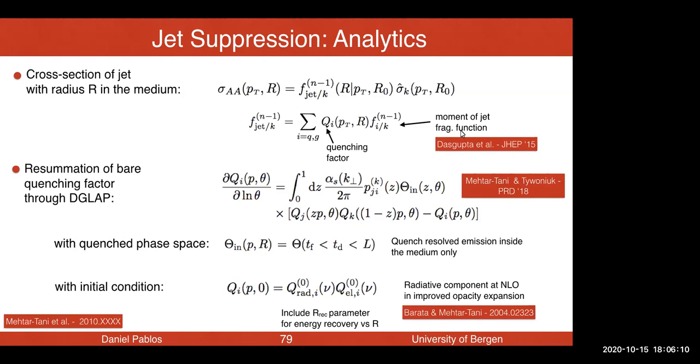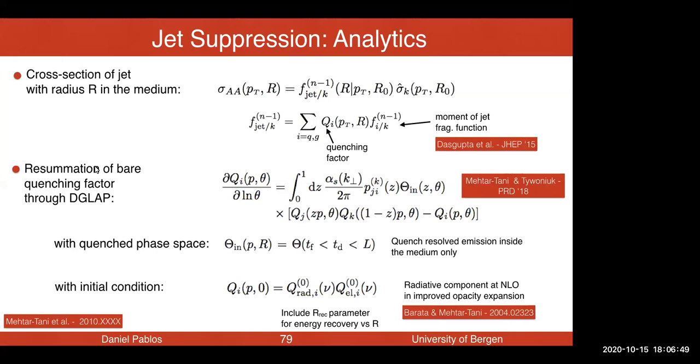And this fragmentation function, actually it's a moment of the fragmentation function, and this is within the context of the generating functional framework from Dasgupta and friends, where they made a very major step into computation of logs for small radius. The key point is that this gets corrected by a quenching factor within this generating functional approach. This quenching factor is the solution of this nonlinear evolution equation.